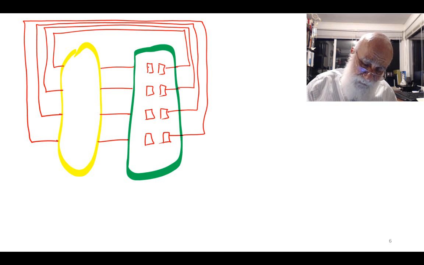Each of these boxes is a transparent latch. There is a clock coming into each one of these.